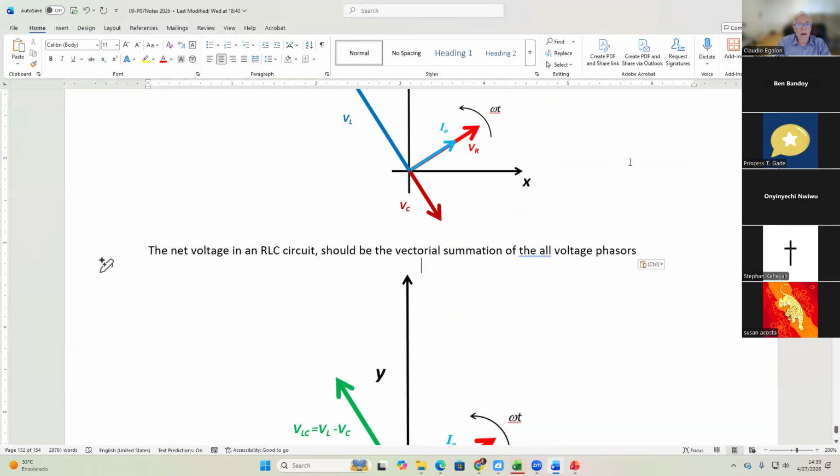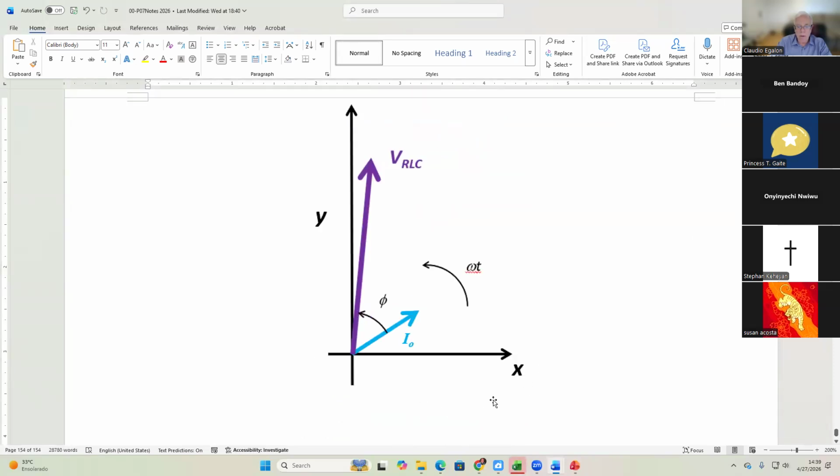The net voltage in our RLC circuit should be the vectorial summation of all voltage phasors. This is the final phasor diagram having an angle difference with the phasor of the current.